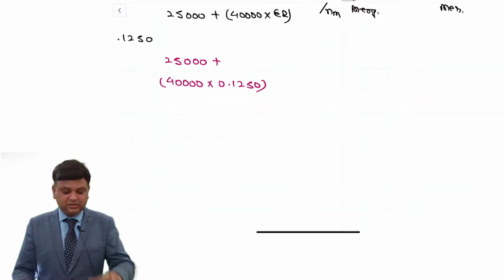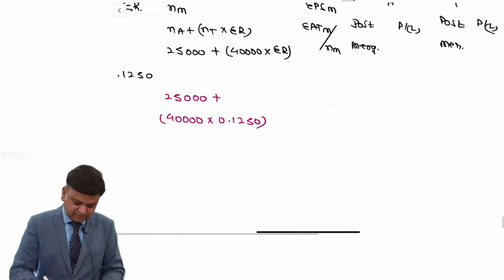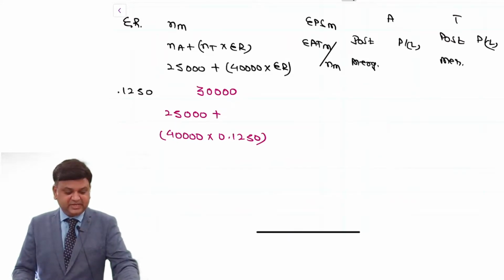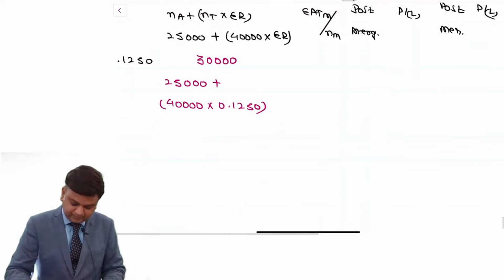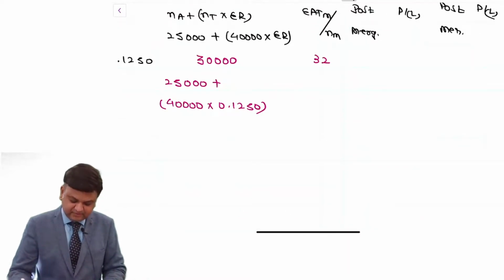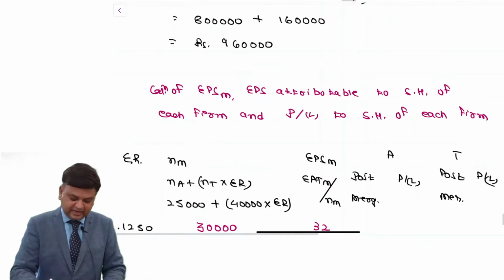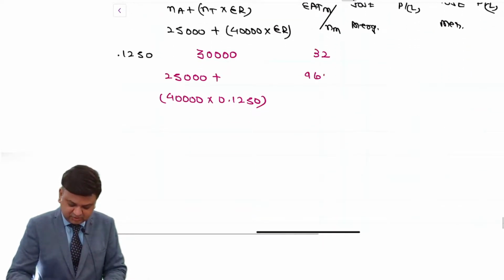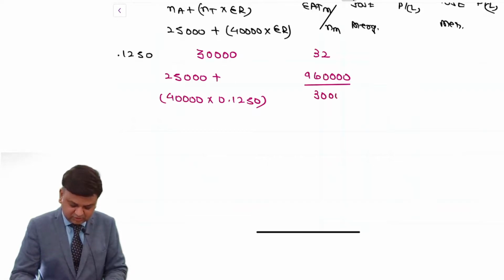So it is 5,000 plus 25,000, so this is 30,000. Earning after taxes of the merged firm is 9,60,000, divided by number of shares, 30,000. So this is 32 rupees.